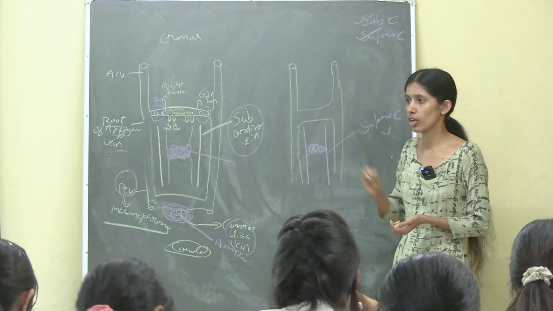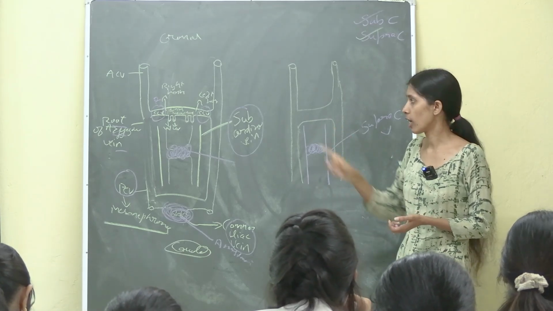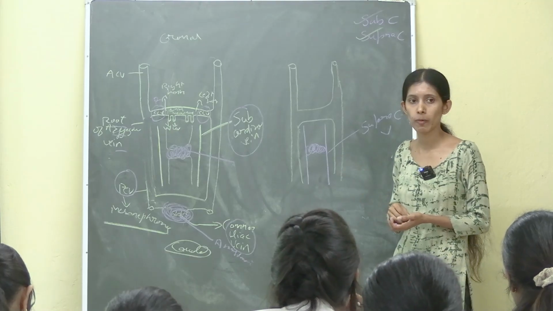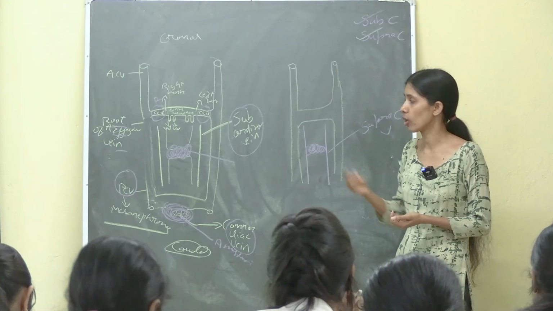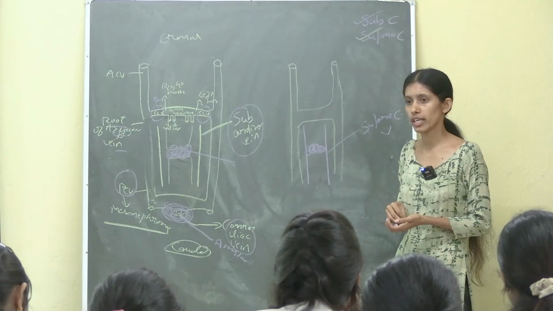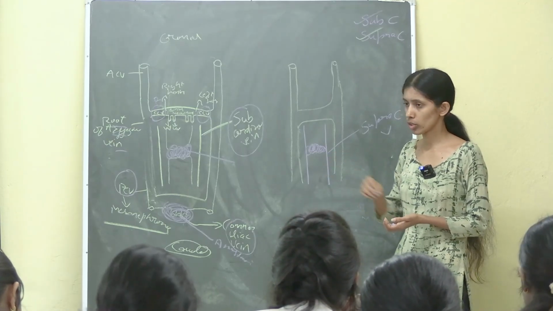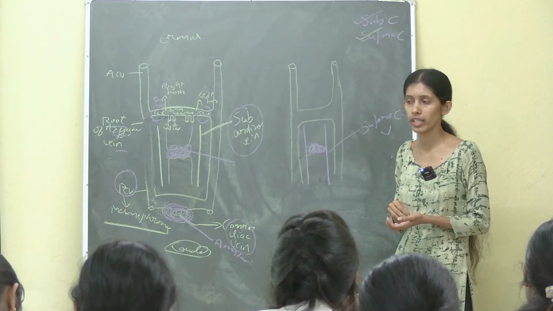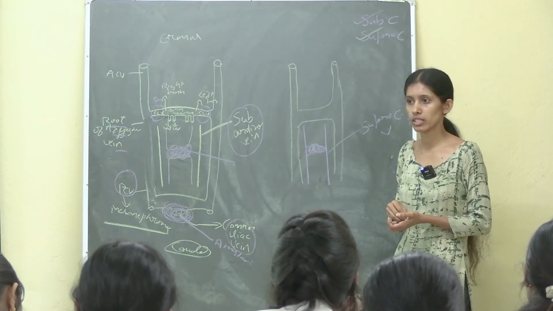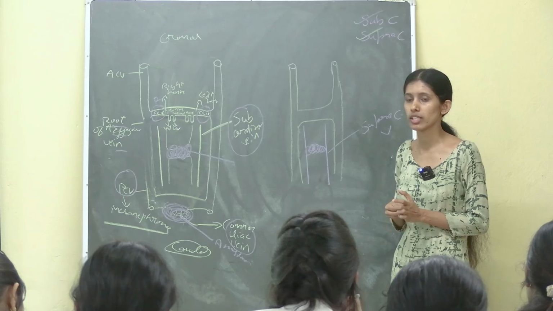Those are draining into your sinus venosus. And how is the common cardinal vein formed? By the fusion of your posterior and anterior cardinal veins. And what happens to your posterior cardinal vein? It just disappears or degenerates. What is the reason behind it?